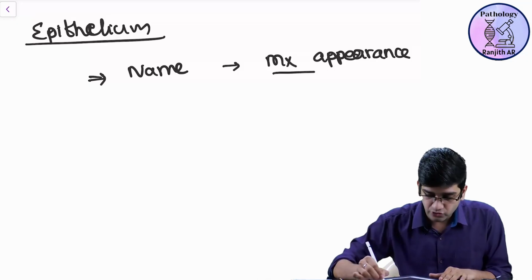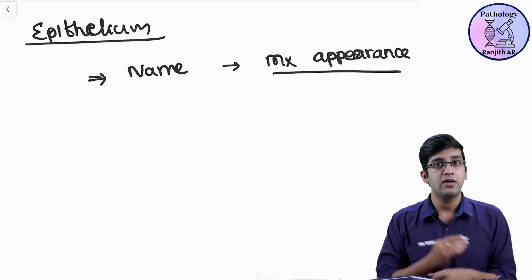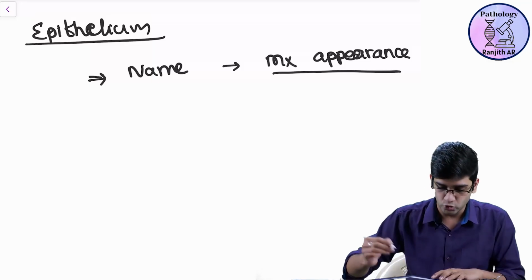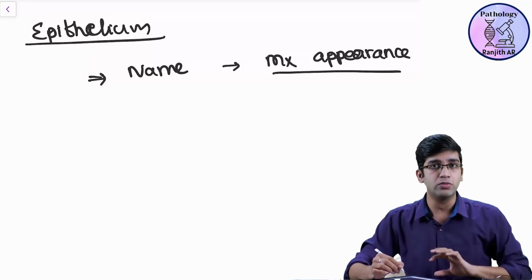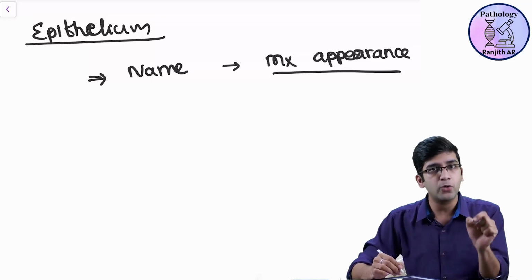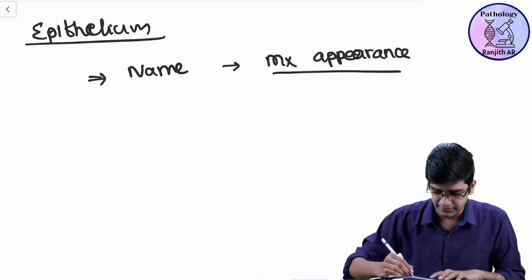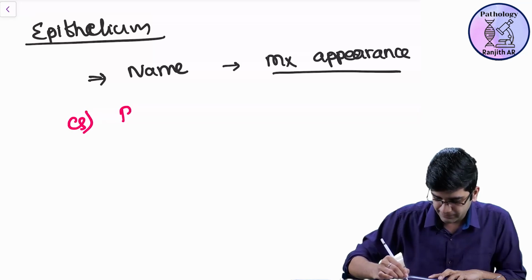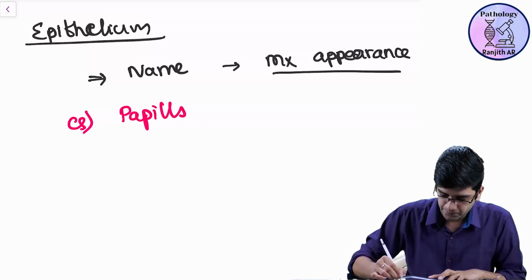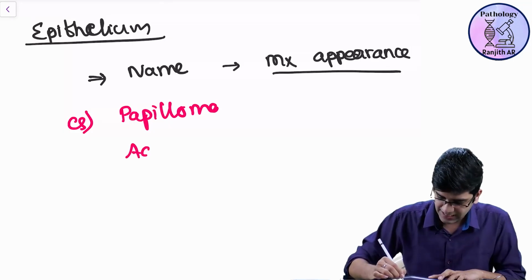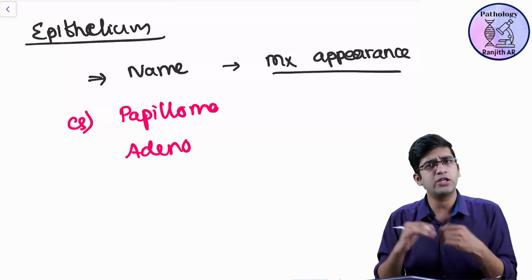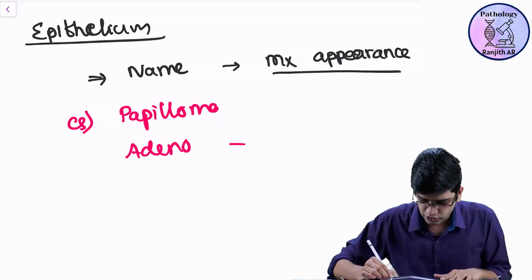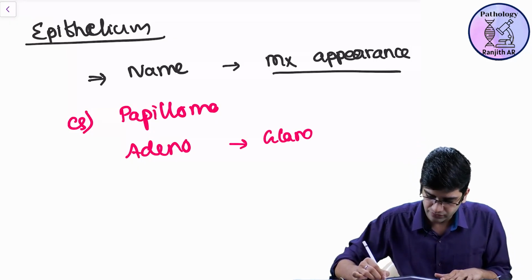So I'm going to name it based on my microscopic appearance, right? For malignancy, I'll add the term carcinoma. That's totally different. For an epithelial tumor, benign or malignant, I'm going to name based on the microscopic appearance. For example, papilloma will have papillae, and whenever anything is adenoma or adenocarcinoma, they will have glandular appearance.